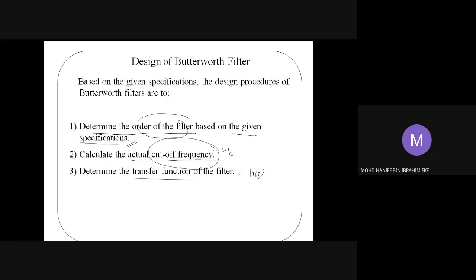So these are the mathematical parts of this Butterworth filter. This appendix, this attachment on the filter design, has been given to you. You can refer to the Google Classroom, where I provided the attachment related to this filter design. There are 5 pages altogether, which include the equations, the mathematical formulations related to the design procedures of both the Butterworth and Chebyshev filters.